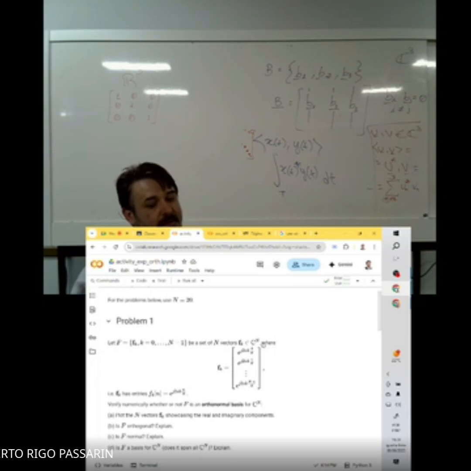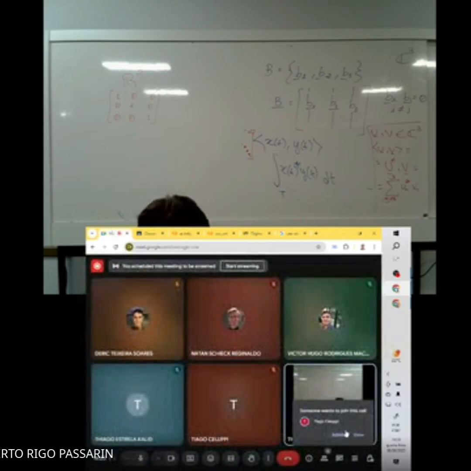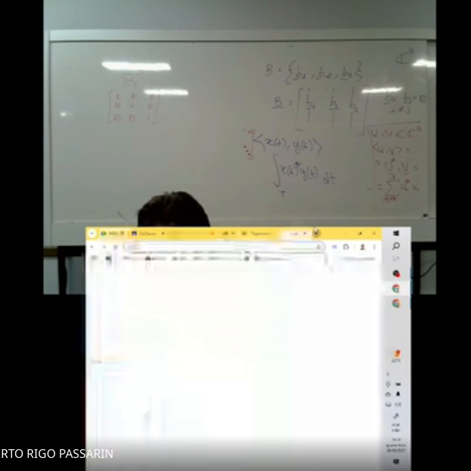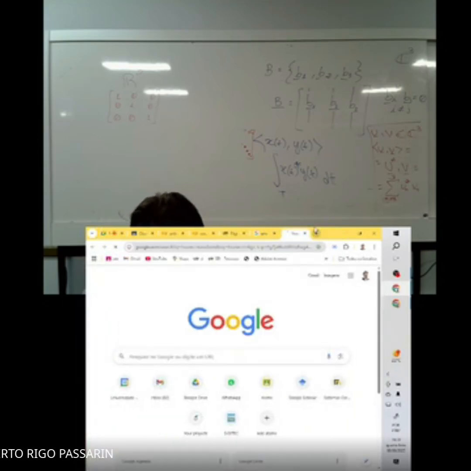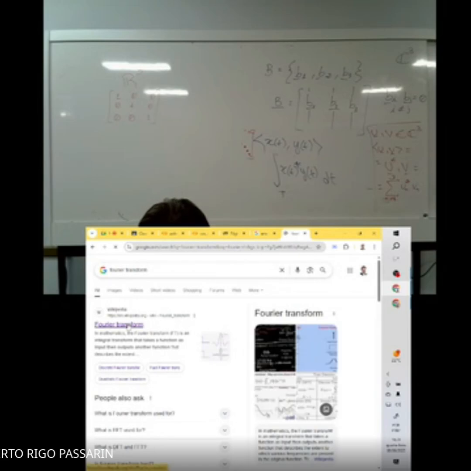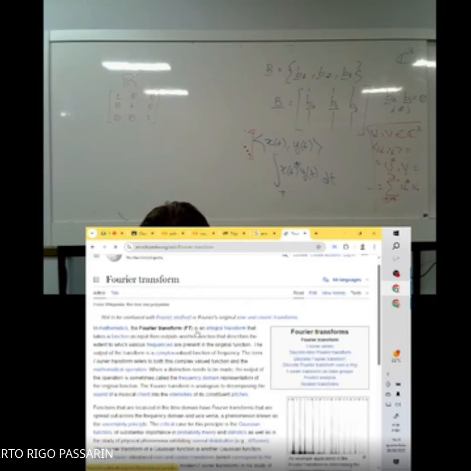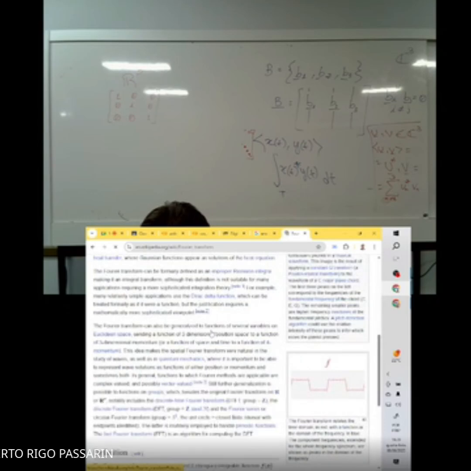And doing the inner products with complex exponentials means the Fourier transform. If you go to the definition of the Fourier transform, it's just an inner product with an exponential.